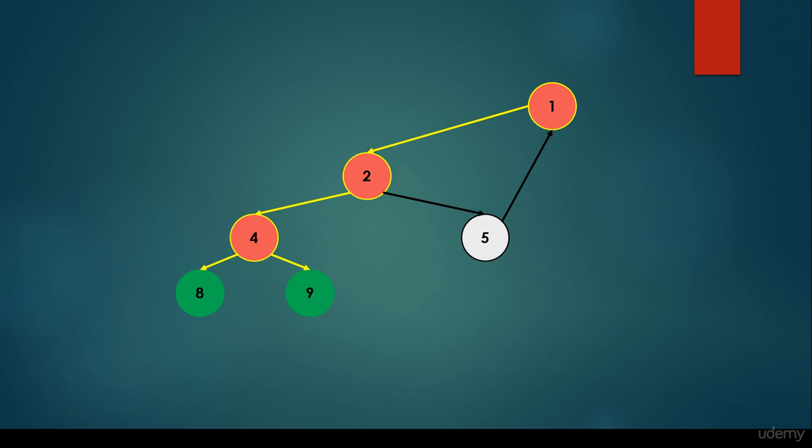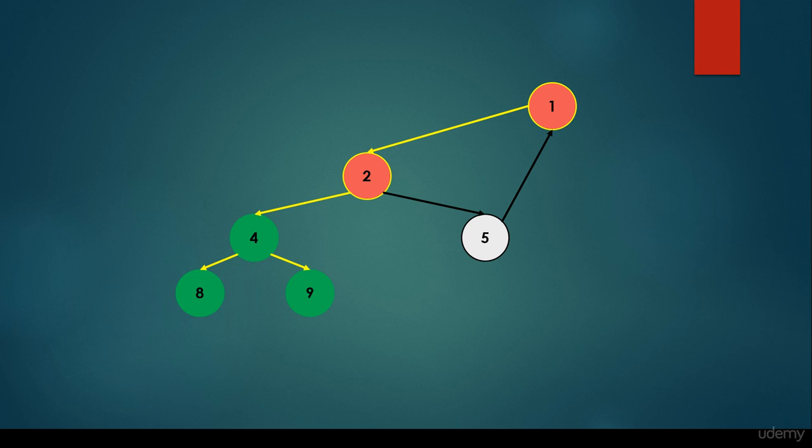So we backtrack to the parent of 9, which is the 4. We come to the conclusion that the 4 doesn't have any unvisited children. Okay, it has the 8 and the 9, but we have already set them to green. So it means that it doesn't have any unvisited children, so we consider it done. Okay, it is no longer being visited, it is done.